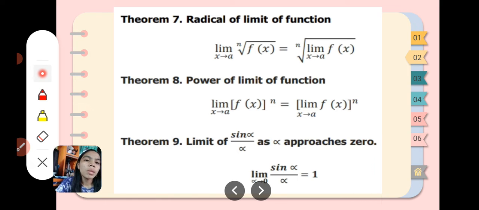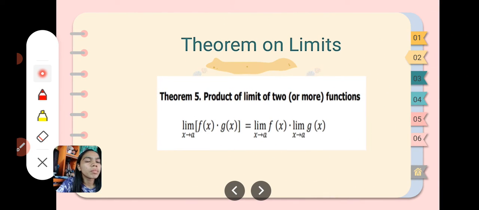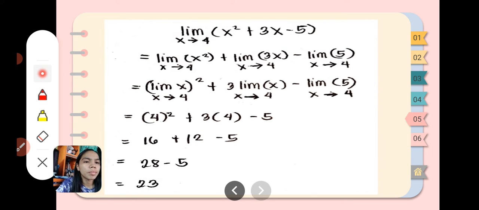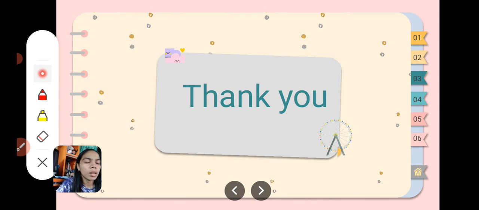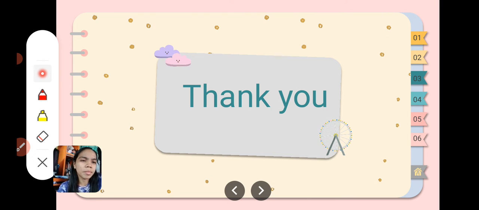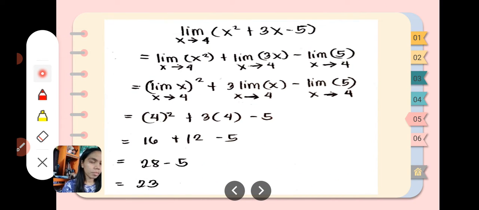So we will be given one example. For the example, the limit of x squared plus 3x minus 5 as x approaches 4. We will be distributing the limit as x approaches 4.